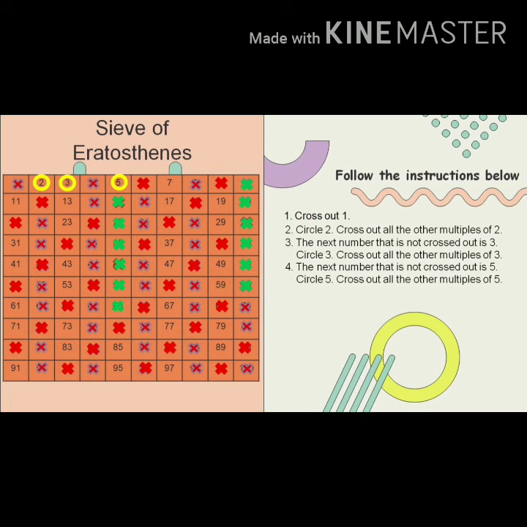You can do it by yourself again until the last number, 100. Okay, I think you are getting the idea now. So you need to continue doing this until all the numbers have either been circled or crossed out. Okay, now it's your turn.